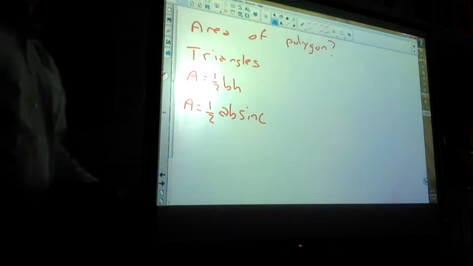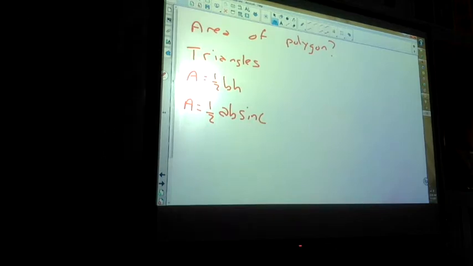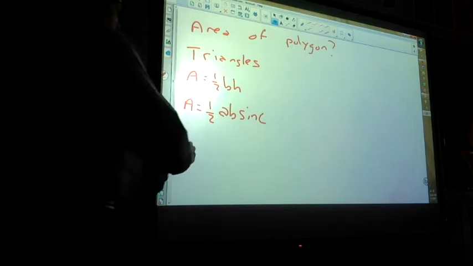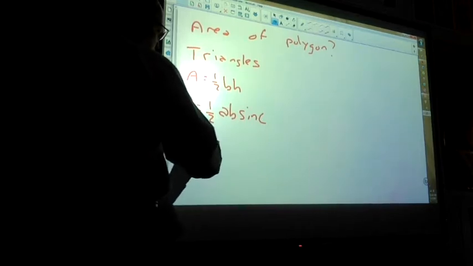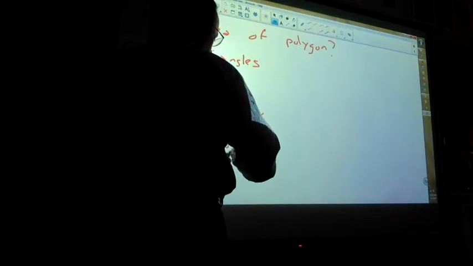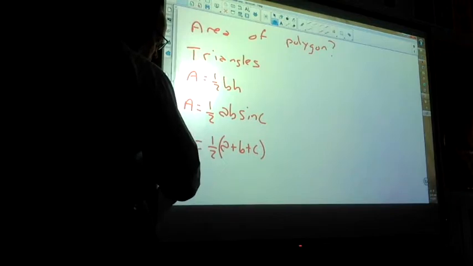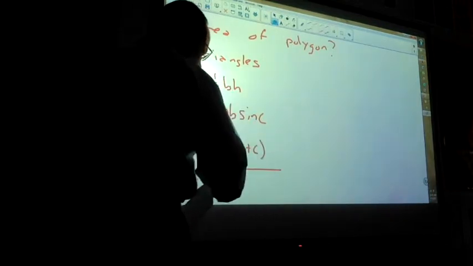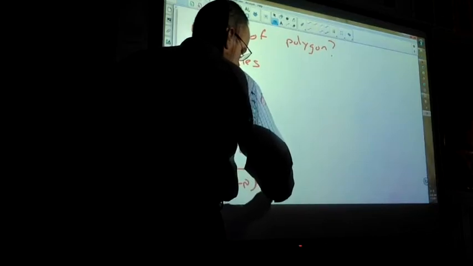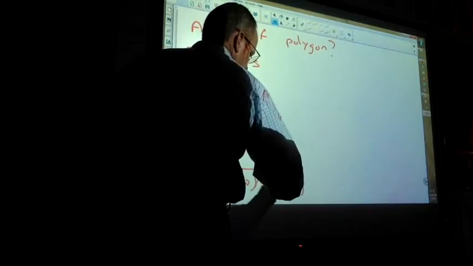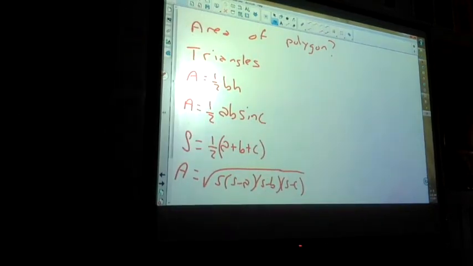Right? Where a and b are the two sides, and C is the angle in between them. You also have your s equals the partial perimeter, and then area is equal to root s minus a, s minus b, s minus c. So there's that.